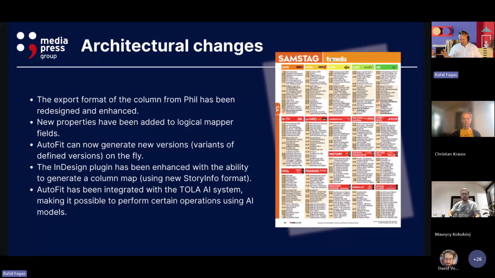And this is important: we can now generate new, virtual versions of the records on the fly. We have this enhanced capability to see what's going on with the layout on the InDesign side, and we are also connected with Tola AI.